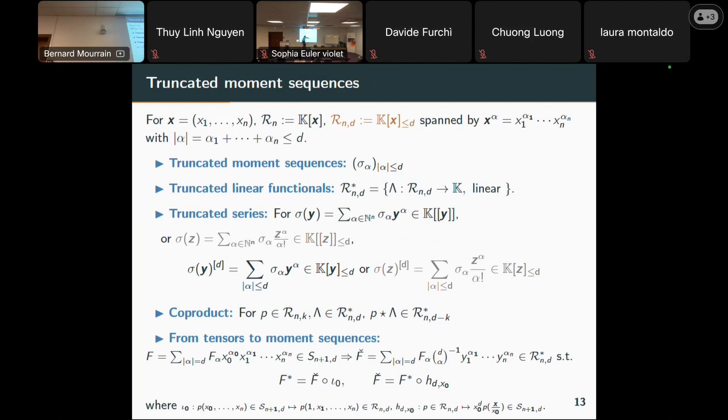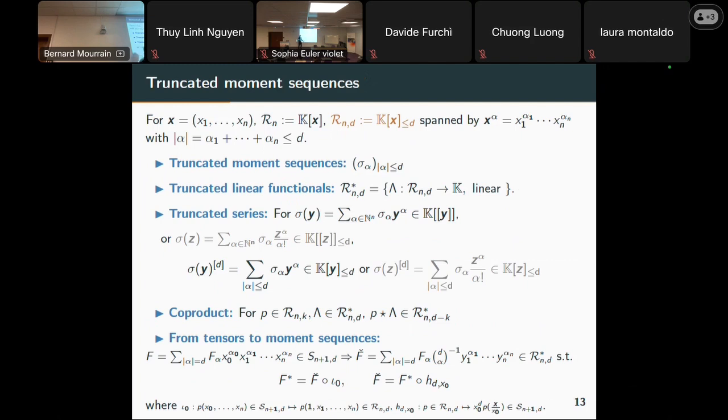This is the explicit expression. So we have f alpha times another coefficient, the inverse of d alpha, times y1 to the alpha 1 and so on up to y n to the alpha n. And what is the property we find? So this is f hat.